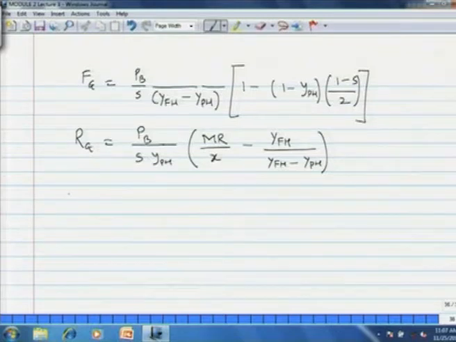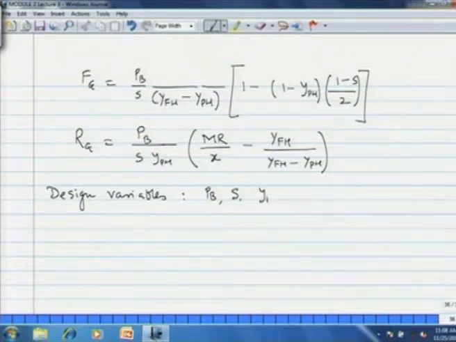So now we have all the material balance in terms of design variables Pb, S, YPH and Mr. Now obviously the optimization will depend on these variables which we will see in the subsequent lectures.